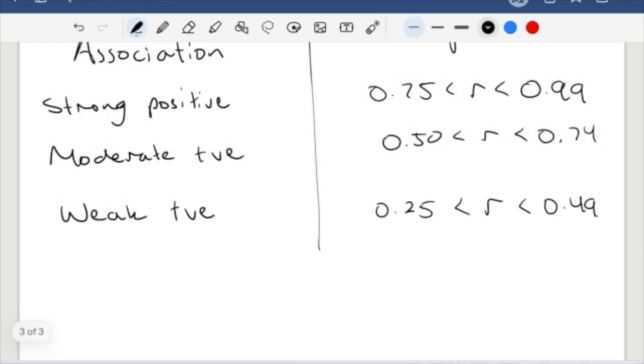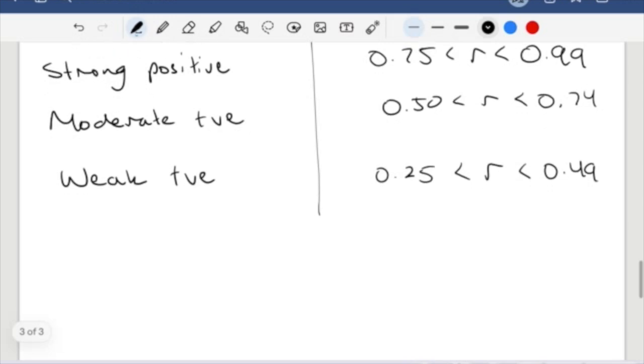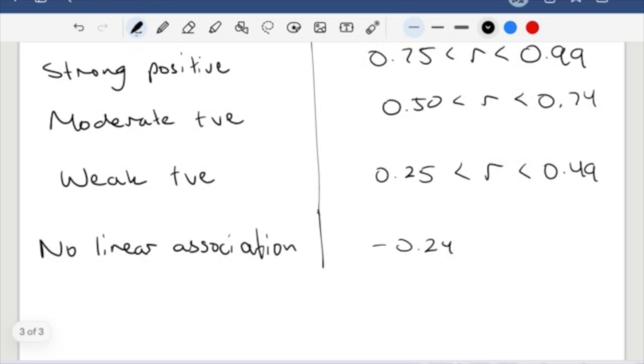But this is our range for weak negative and no linear association. That is going to be from -0.24 to positive 0.24.